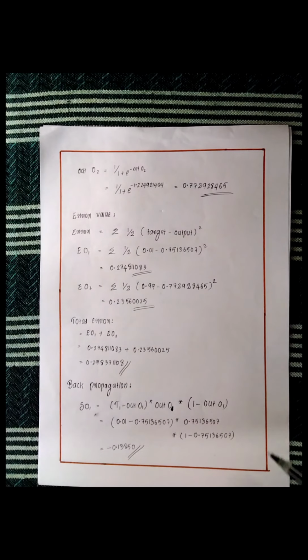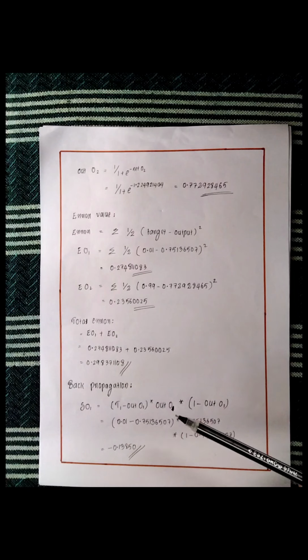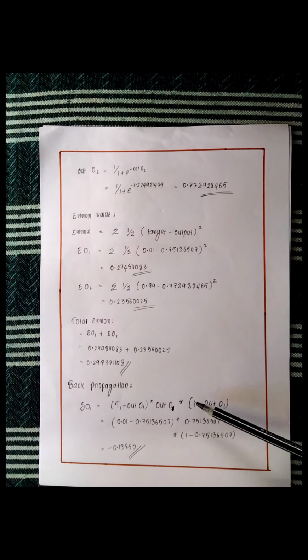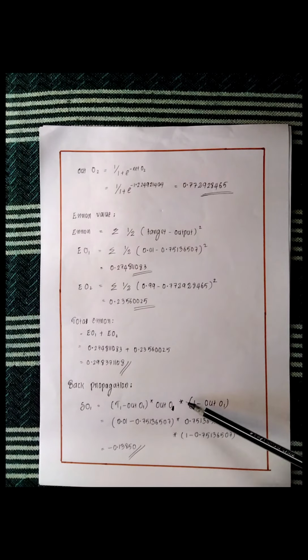The equation of back propagation is delta O1. Delta O1 means the rate of change of error with respect to O1, and T1 means the target value. So delta O1 is equal to T1 minus out O1, into out O1, into 1 minus out O1.